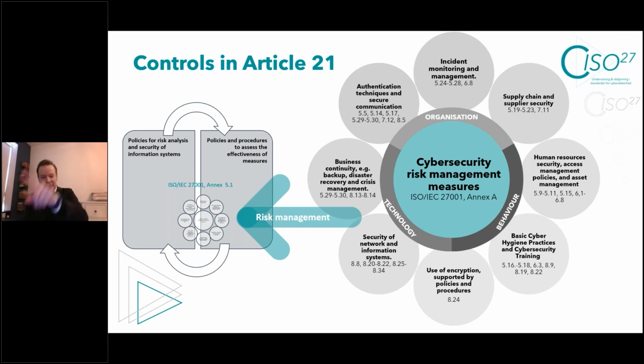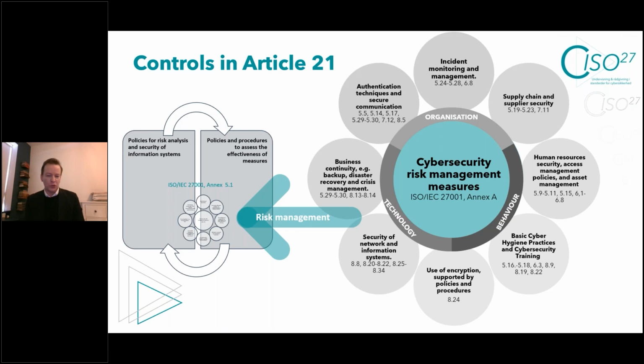But I've mentioned in the flower here, so to speak, each leaf represents the control areas mentioned in Article 21 that you saw before. And then I've listed a numbering which reflects the control numbers in Annex A. You will also find them in the supporting guidance standard on controls, 27,002.